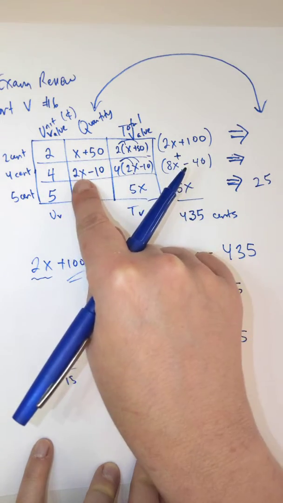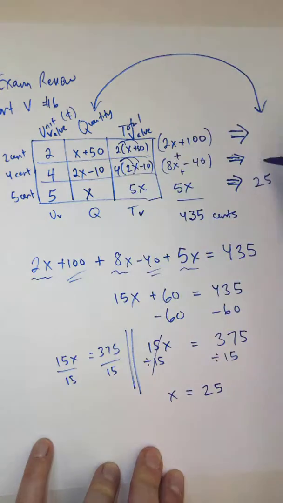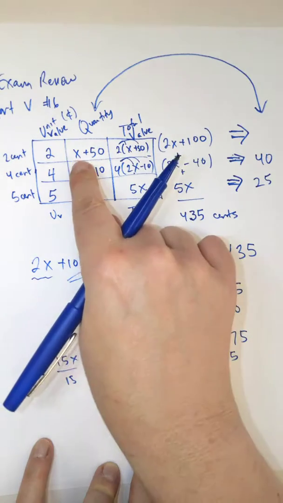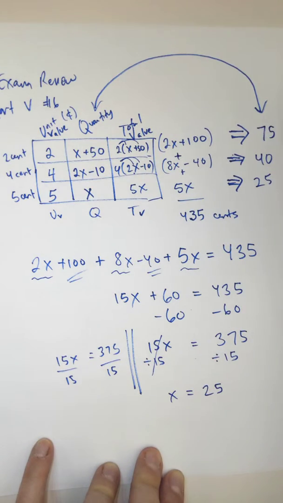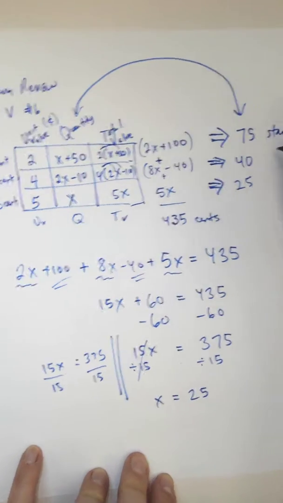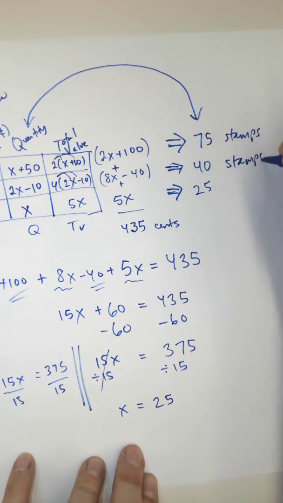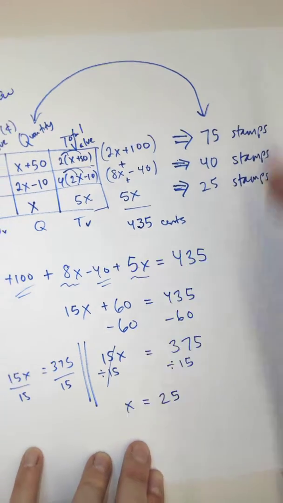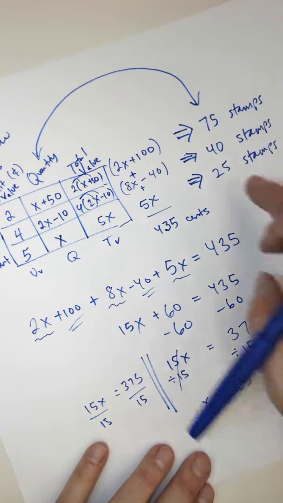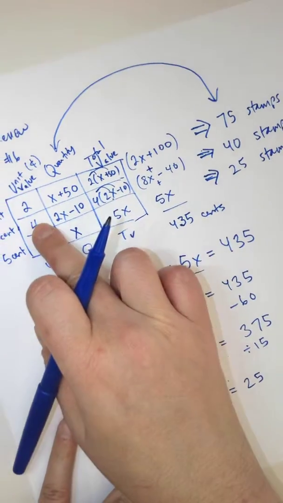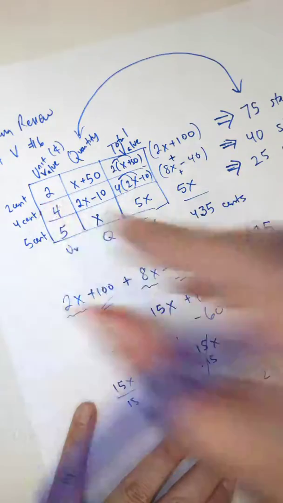So 2 times 25 minus 10, that's 50 minus 10, that's 40 of the 4-cent stamps. And X is 25, so 25 plus 50 is 75. That's the number of stamps. There we go. So 25 5-cent stamps, 40 4-cent stamps, and 75 2-cent stamps.